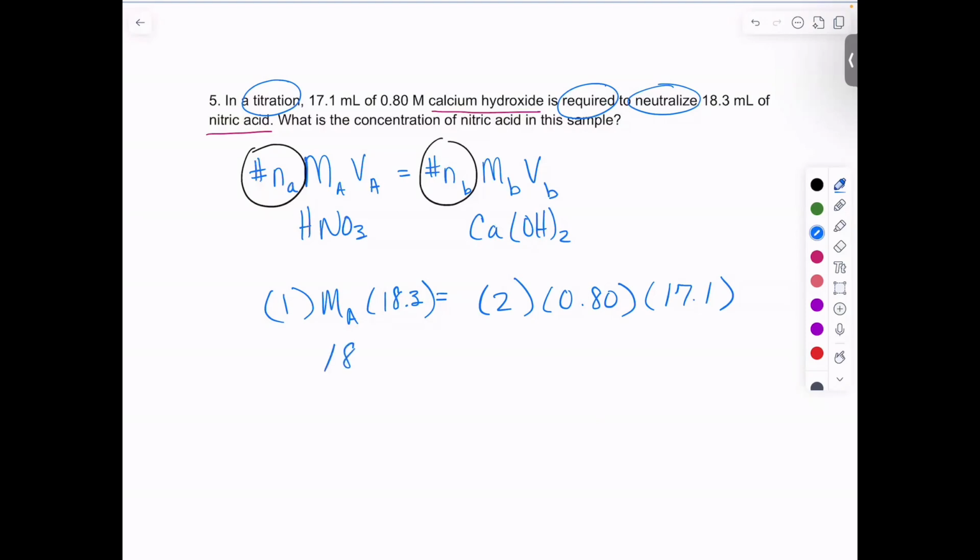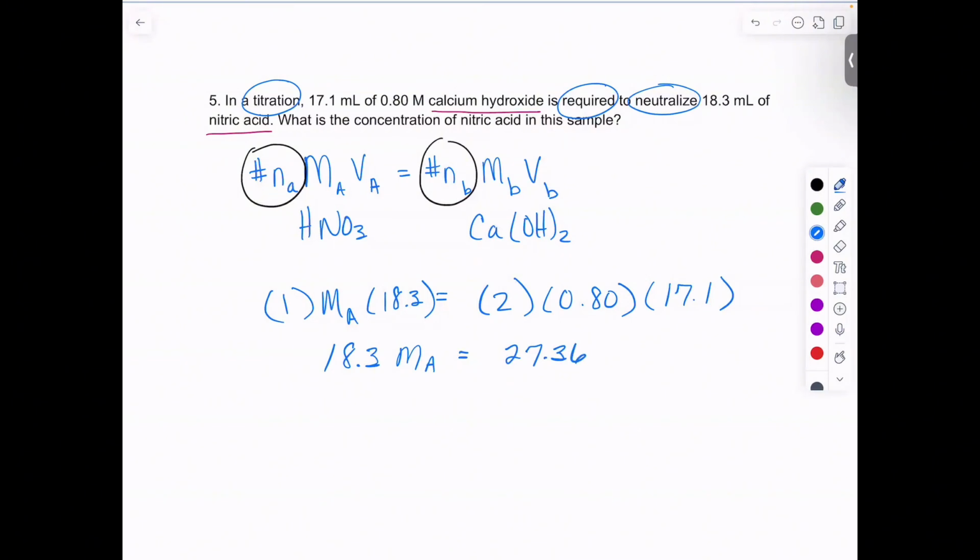I'm just going to go straight into algebra mode here. And then I'll go ahead and multiply everything out on the right-hand side. Notice I only had a 1 and an 18.3 on the left, not much to do there, but I am going to go ahead and resolve what's on the right real quick. Ultimately this product on the right is 27.36.